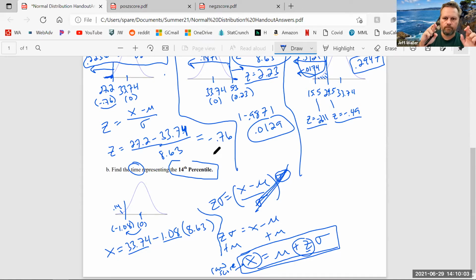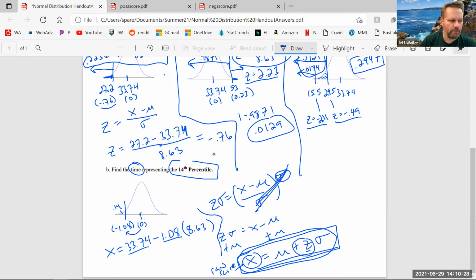So X equals the mean plus the number of standard deviations times the standard deviation. So mu plus Z sigma, right here. So this is a formula that will be on the formula sheet on the quiz for this chapter.